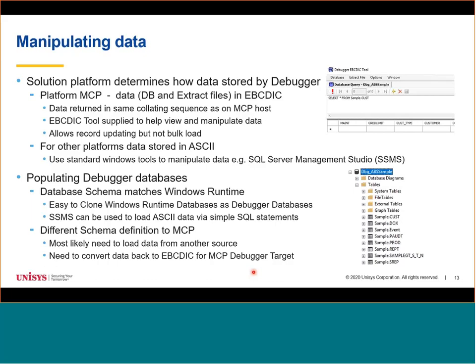So it's very unlikely you'll be able to use a database that you've created through other tools, as I say, something like Data Exchange, for use with Debugger. You'd have to move the data out of that initial database into the Debugger database.